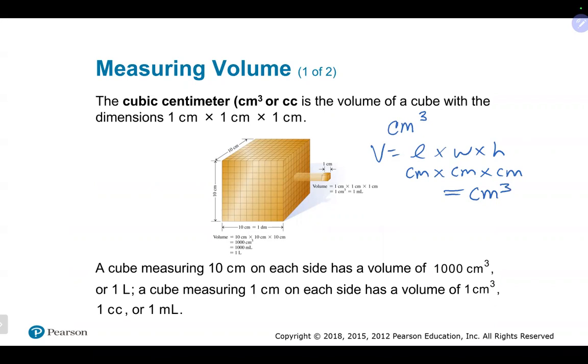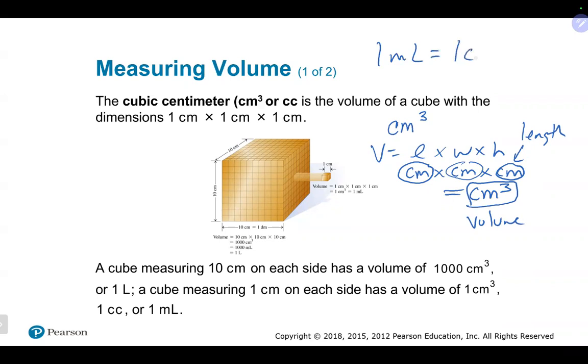Each of those individual measurements is a length measurement. If you take 3 length measurements and multiply them together, you get a volume measurement. One relationship that's really important is 1 milliliter is the same as 1 cubic centimeter, which is also 1 cc.